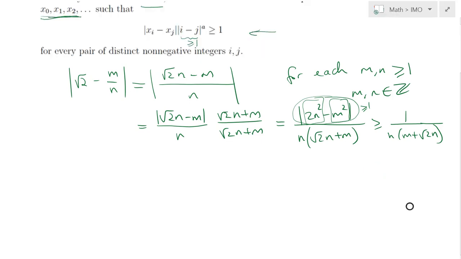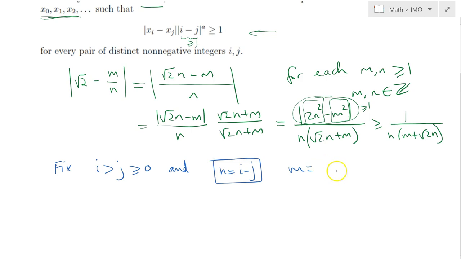Now that we have this result, consider fixed integers i and j greater than or equal to 0, and we can set n equals i minus j and m equals, I propose the following, the floor function of root 2 i minus the floor function of root 2 j.